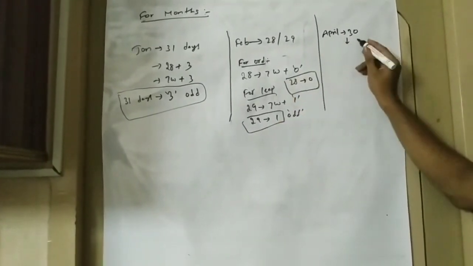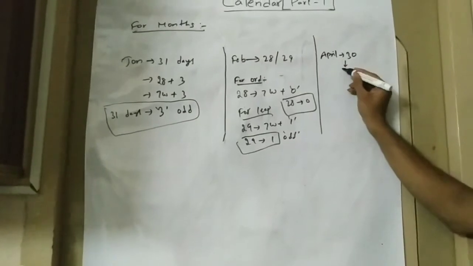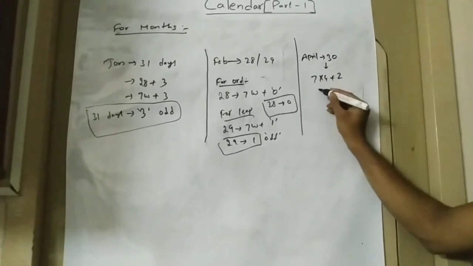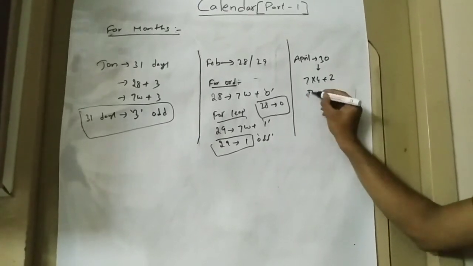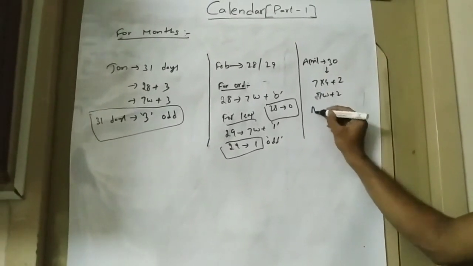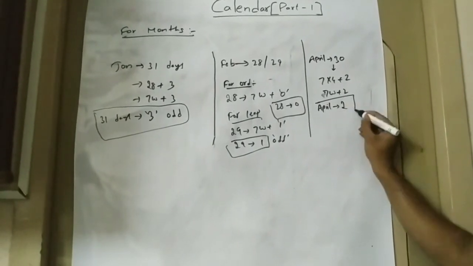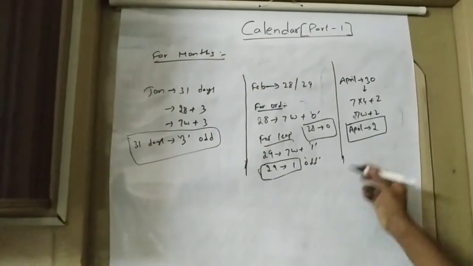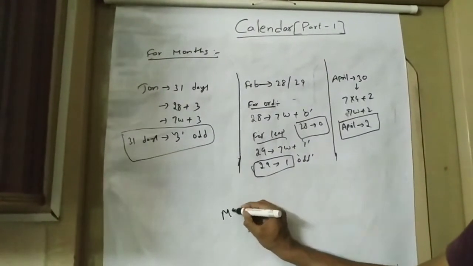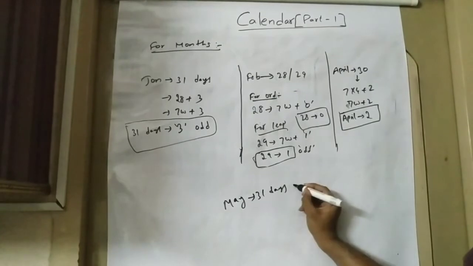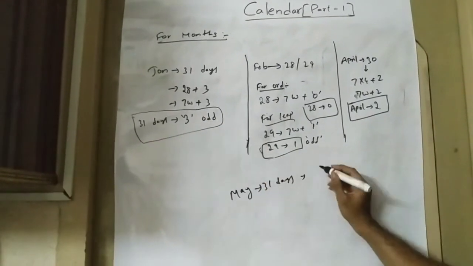Similarly, for the months having 30 days, 30 days means 7 into 4 plus 2. So 7 fours are 28, that is 7 weeks plus 2 odd days. So for the months having 30 days, for example April, there will be 2 odd days. If we want to calculate for May, there are 31 days, and we know for 31 days there are 3 odd days.